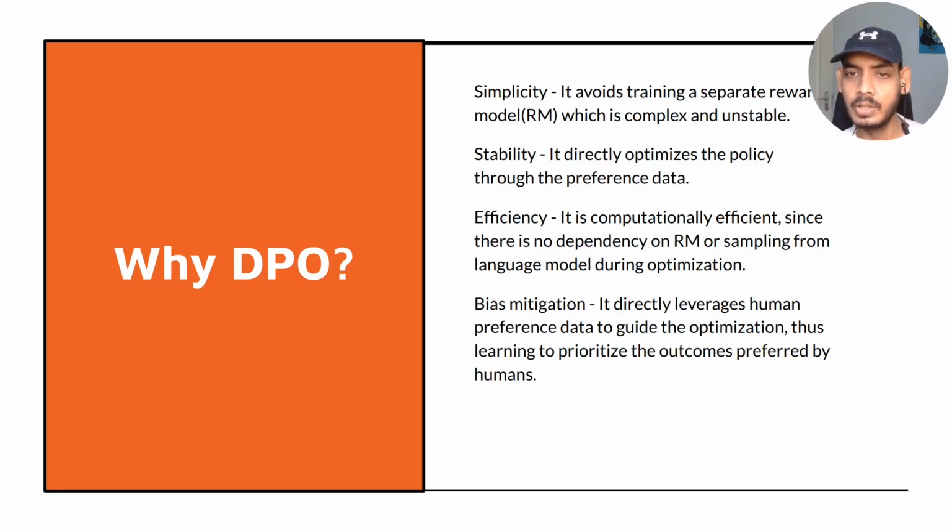The efficiency improves because we don't have a reward model, and also we don't have sampling from the language model during optimization. We also avoid bias mitigation, since we are directly handling the human preference data for guiding the optimization. So the model learns the outcomes preferred by humans.